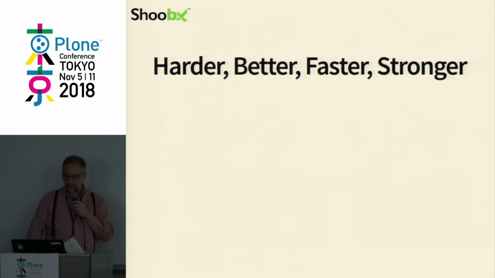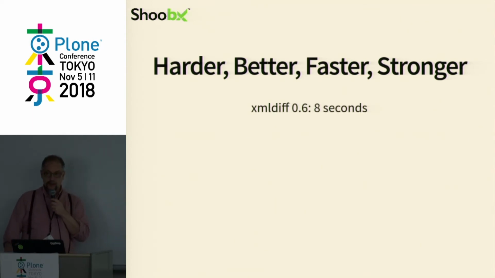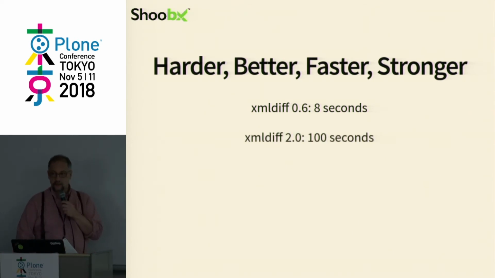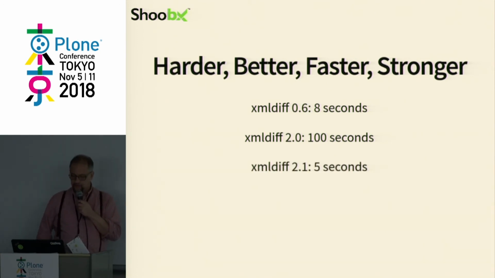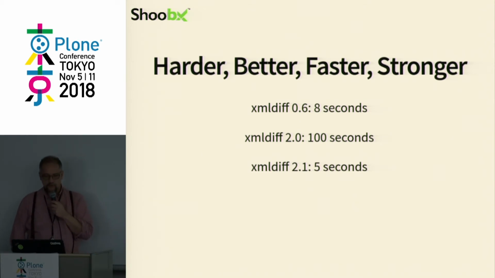So by the end, I had gotten down the time for a typical XML doc to maybe 20% of the time. Our worst case that we had took 8 seconds under XML Diff 0.6 with all its C optimization, and took 100 seconds under XML Diff 2. But I got that down to 5 seconds with default parameters.